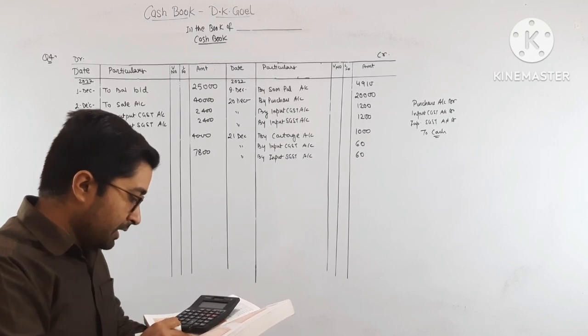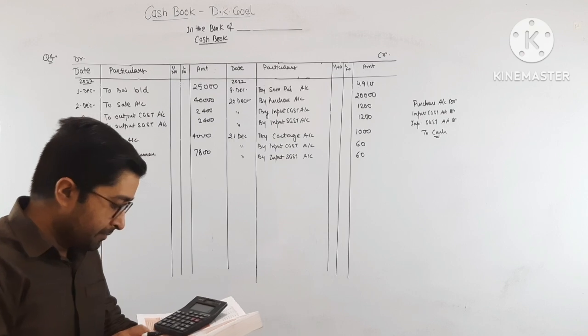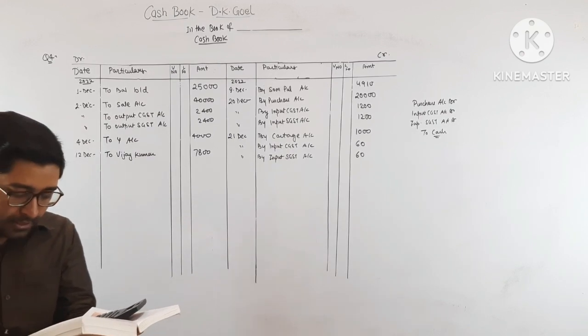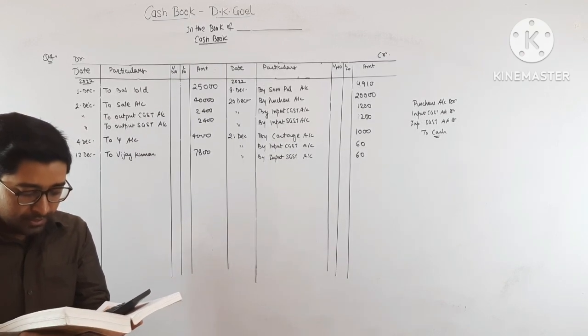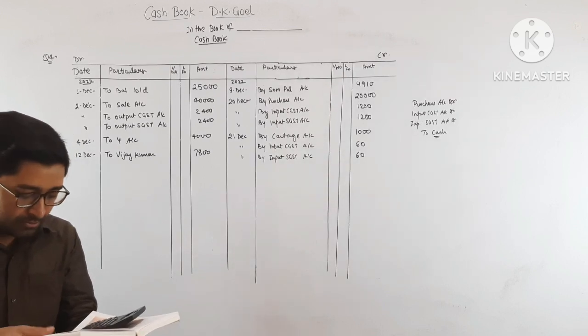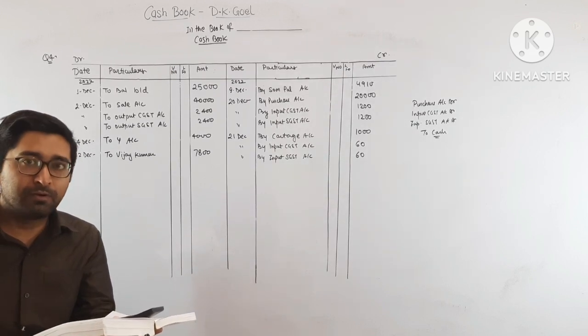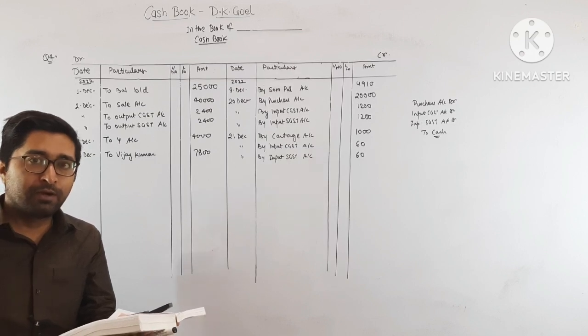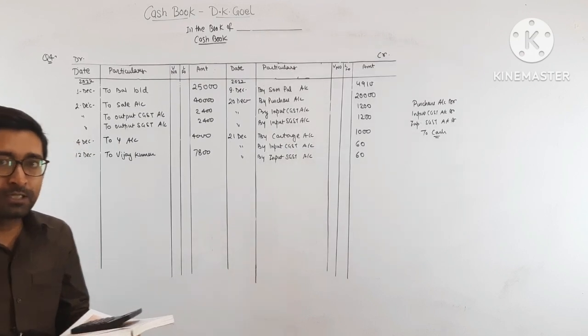Okay, remitted to Dharamveer and the discount allowed by him, it means we receive a discount. When we purchase something, we receive the discount.